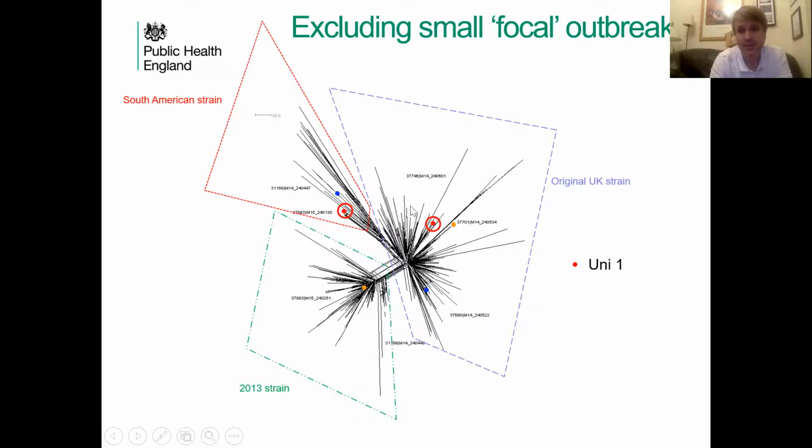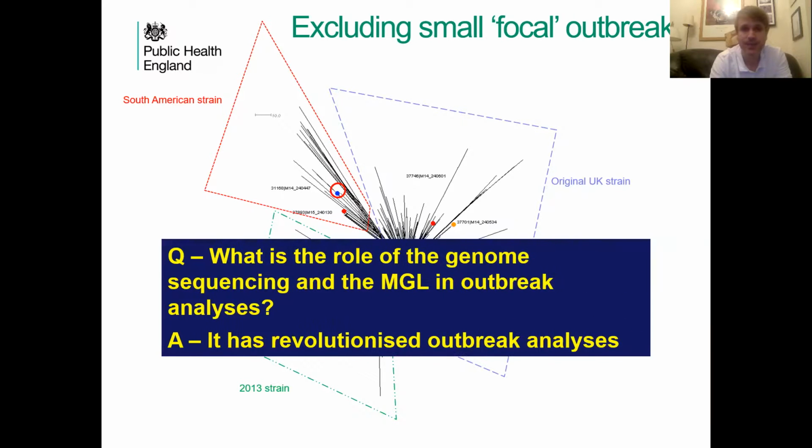You can clearly see the two isolates fall into two different strains, the South American strain and the original UK strain, so they were definitely not related. Similar story for this second university, two different strains once again, and then for this school as well, two different cases. So it's really a step change in looking at outbreaks.